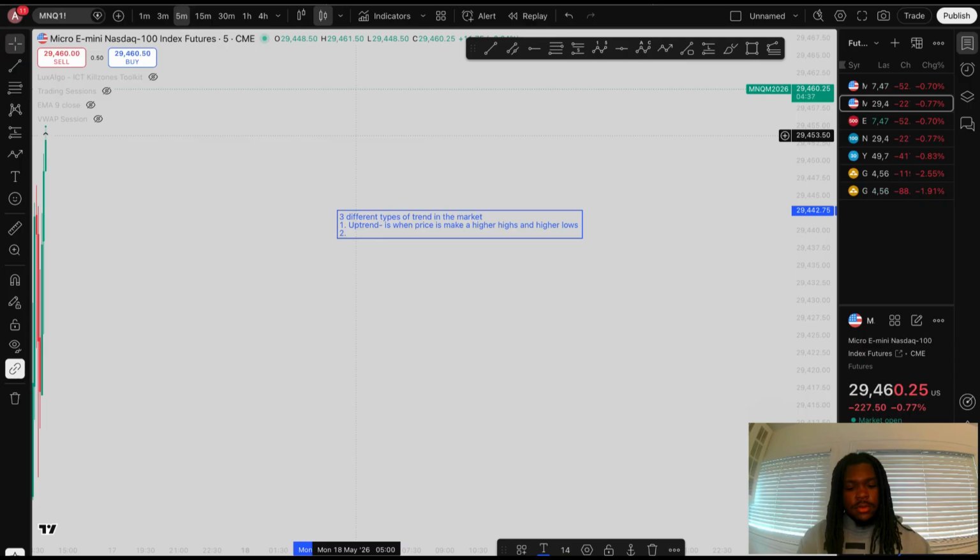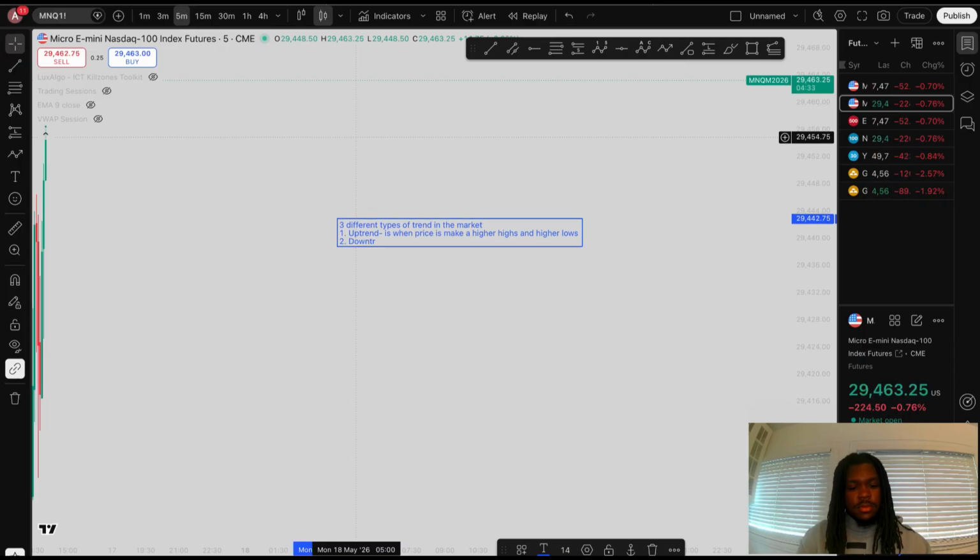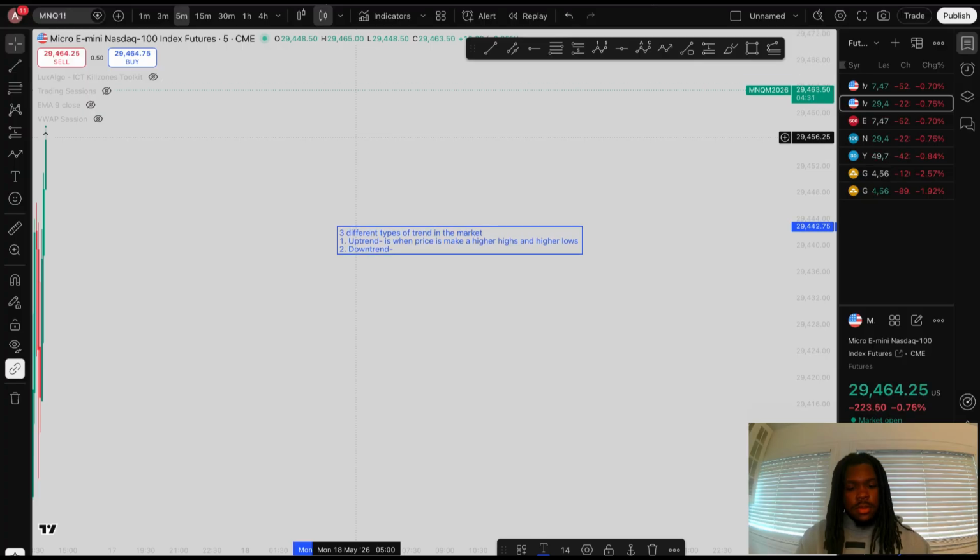Two, downtrend is when price is making lower highs and lower lows.